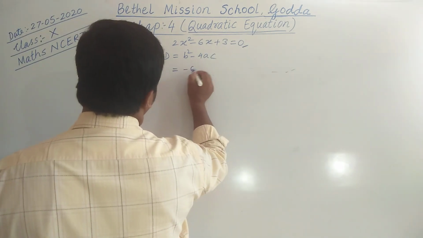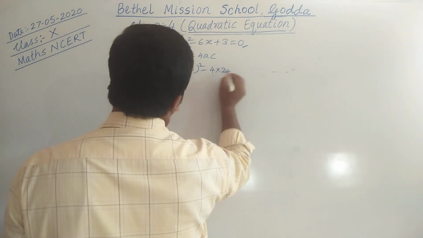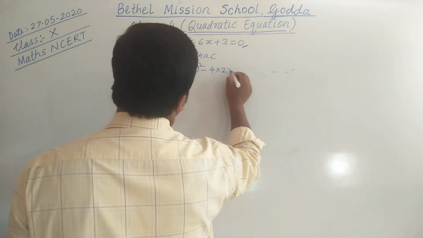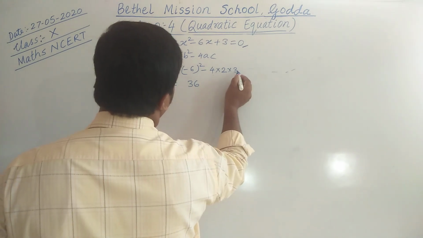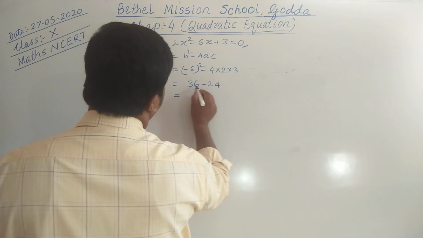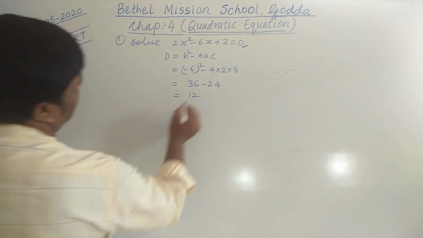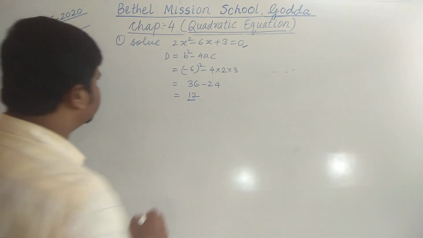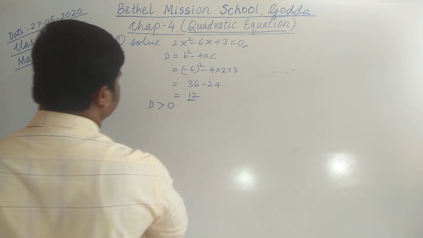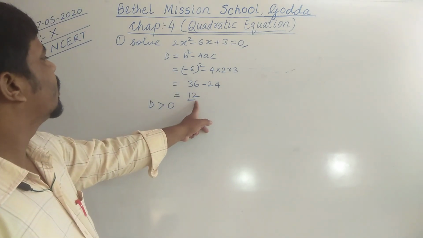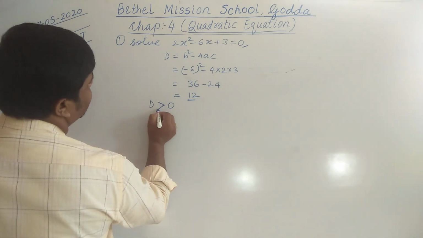b is −6, so (−6)² − 4 × a, where a is 2 and c is 3. 36 − 24 = 12. 12 is a positive integer, so here D is greater than 0.